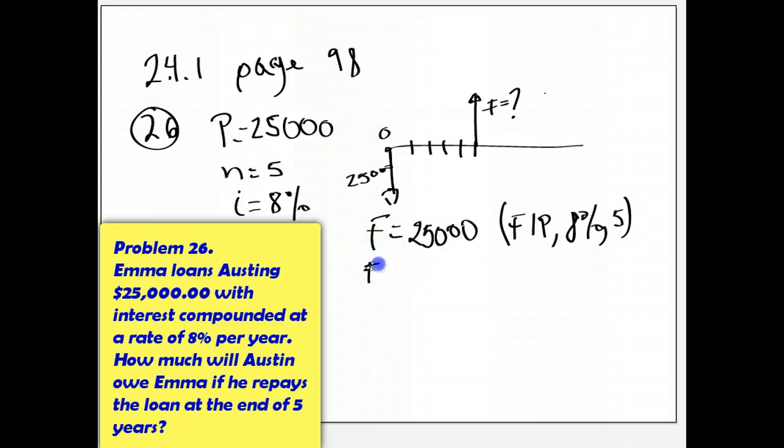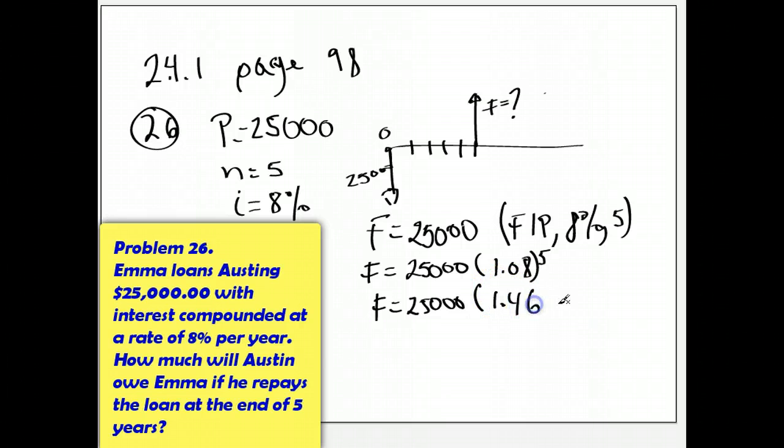That is, the future value that we will find is $25,000 times 1.08 to the 5th, or the future value is $25,000 times 1.4693 8077.